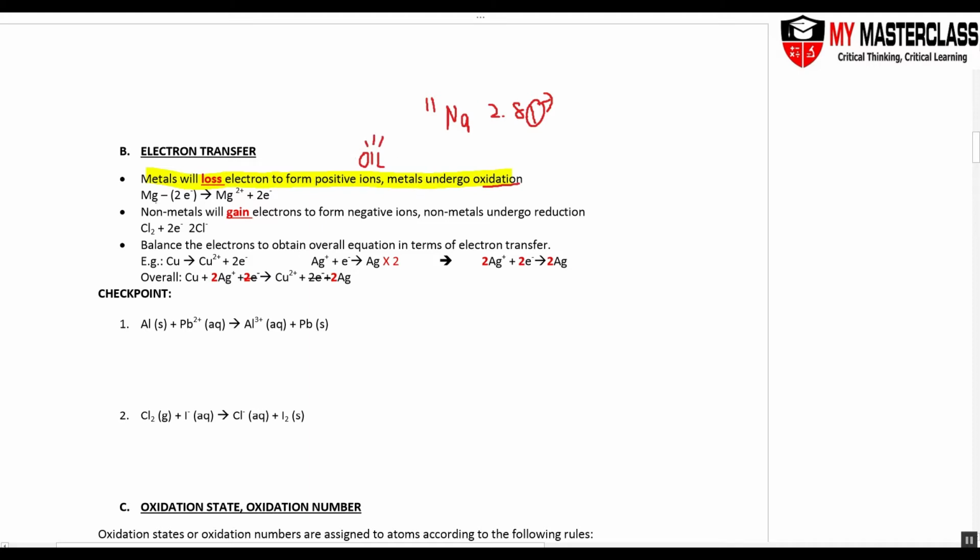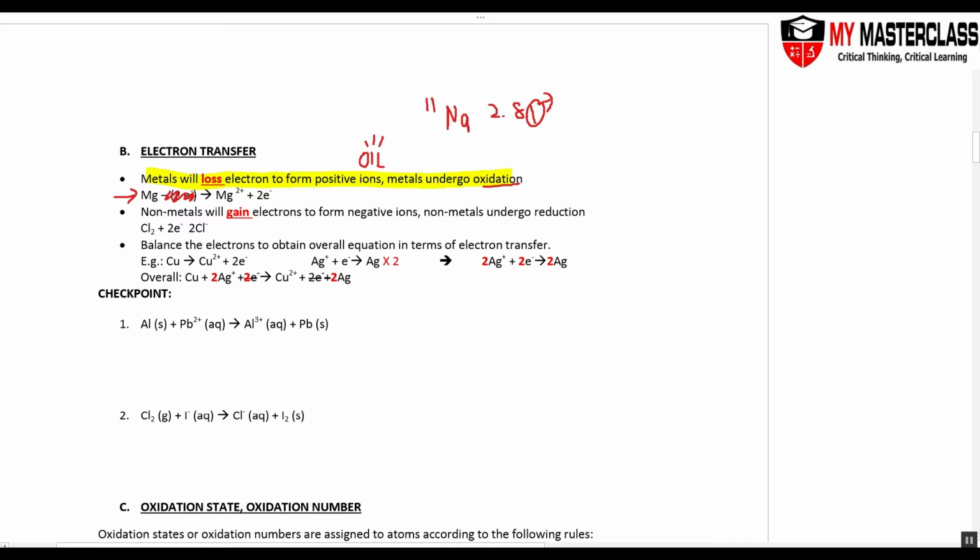Another example, magnesium will lose 2 electrons to give you Mg2+ plus 2e-. This equation over here is what we call the half equation. So my magnesium metal loses 2 electrons to give you magnesium ion plus 2 electrons.